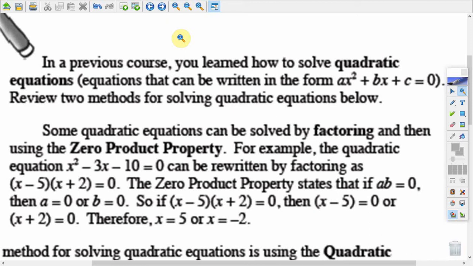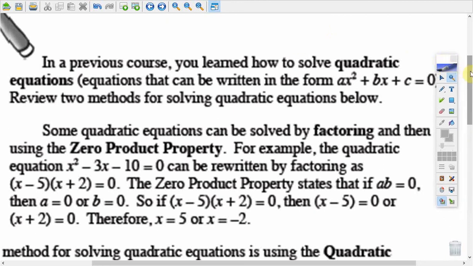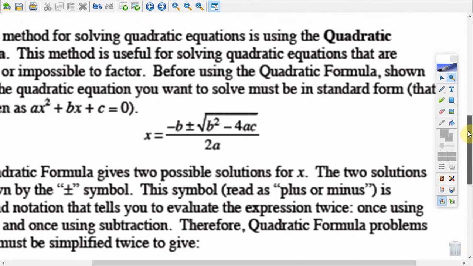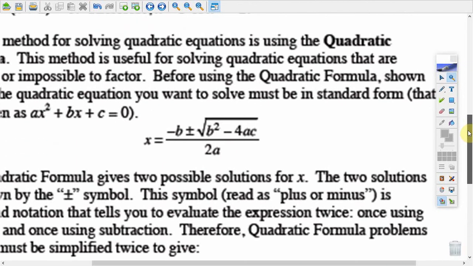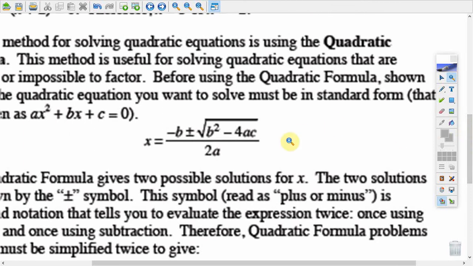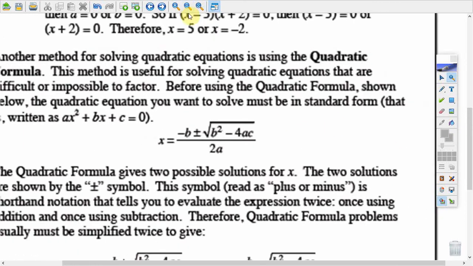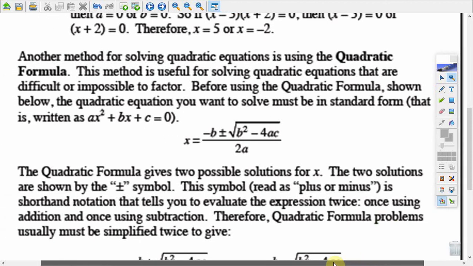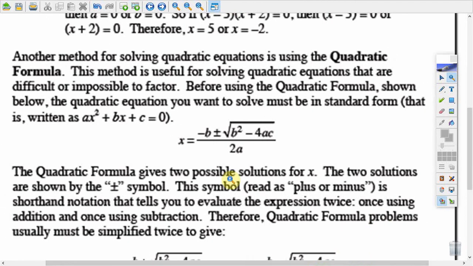Two of the common ways that we're going to be talking about in this video are using the zero product property, which is to say that you're going to factor it and then set the factors equal to 0 and solve for x, as well as using the quadratic equation, or the quadratic formula, which is useful when the quadratic can't be factored easily, or when it might not even be possible at all for it to be factored.